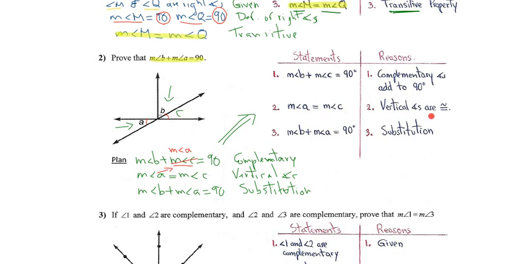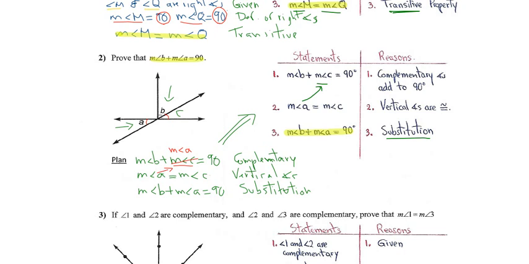And then we just substituted the measure of angle C by the measure of angle A, and that's how we get to what we want, which is that the measure of angle B plus the measure of angle A is equal to 90 using substitution. So it should be the substitution property.